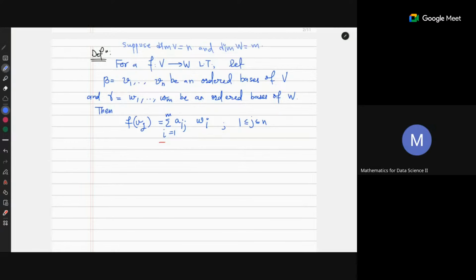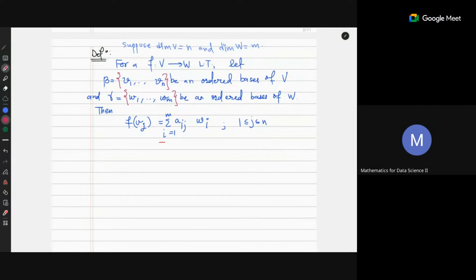There are n ordered vectors in the basis of V, and m basis vectors of W. Let's name them: we call the basis of V beta, and the basis of the codomain W gamma. We denote the basis vectors of V by vi, and those of W by wi.